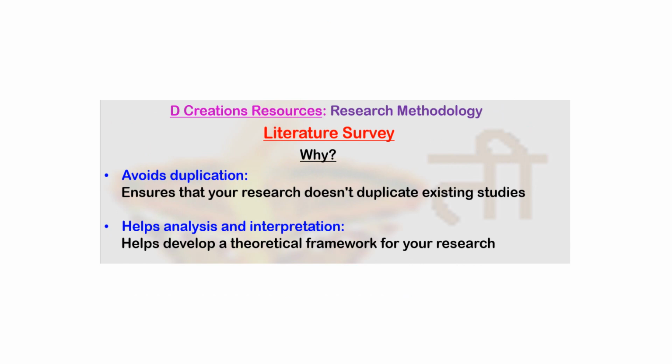It will help your own research, and then you can build up based on that, and analyze and interpret whatever results you have got. So a very, very crucial step in your research process is conducting an exhaustive literature survey.